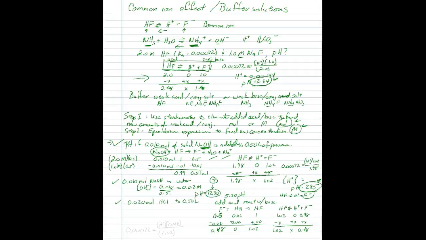Set the equilibrium expression: 0.00072 equals H plus times F minus, which is 0.48, divided by 1.02.